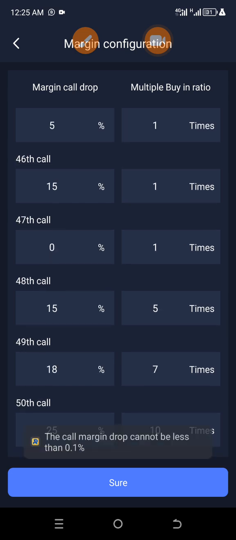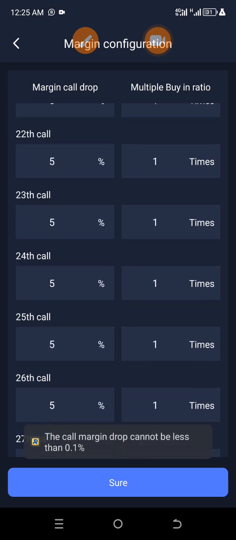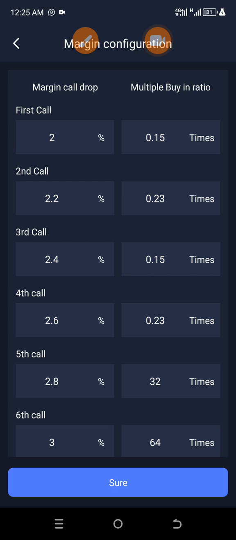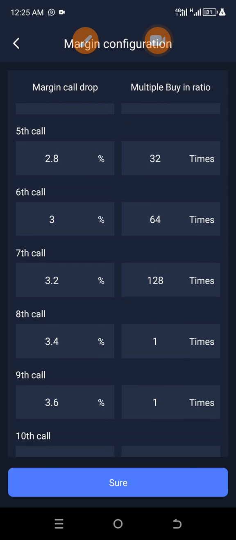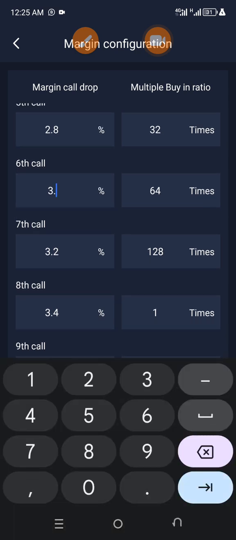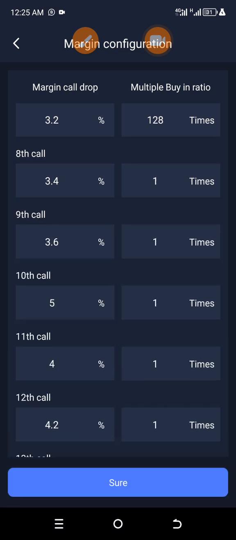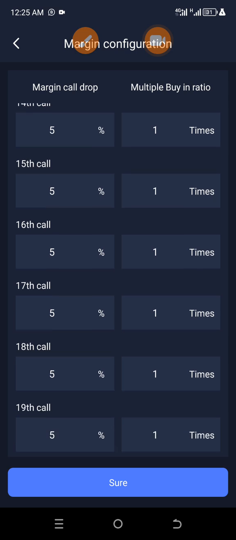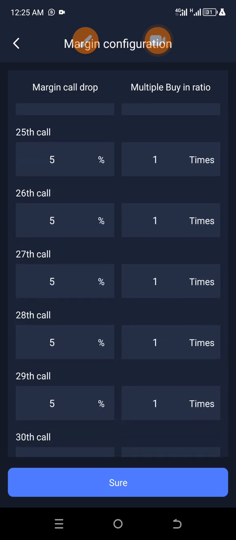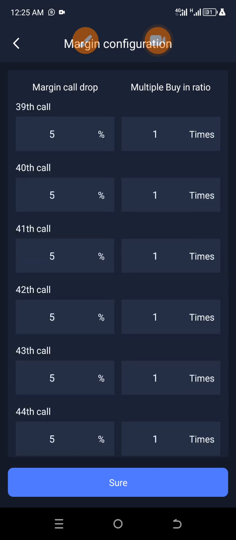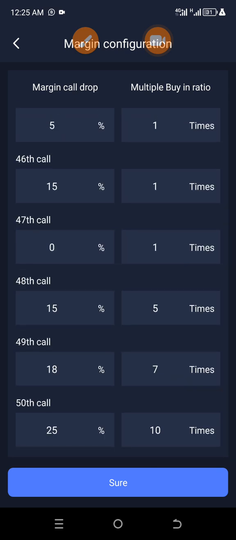Okay, so now you are going to do that. 6, 8.3. Okay, so now you are going to do that to the very end. I don't want to do all, so I've shown you how to do it, so you just do it.